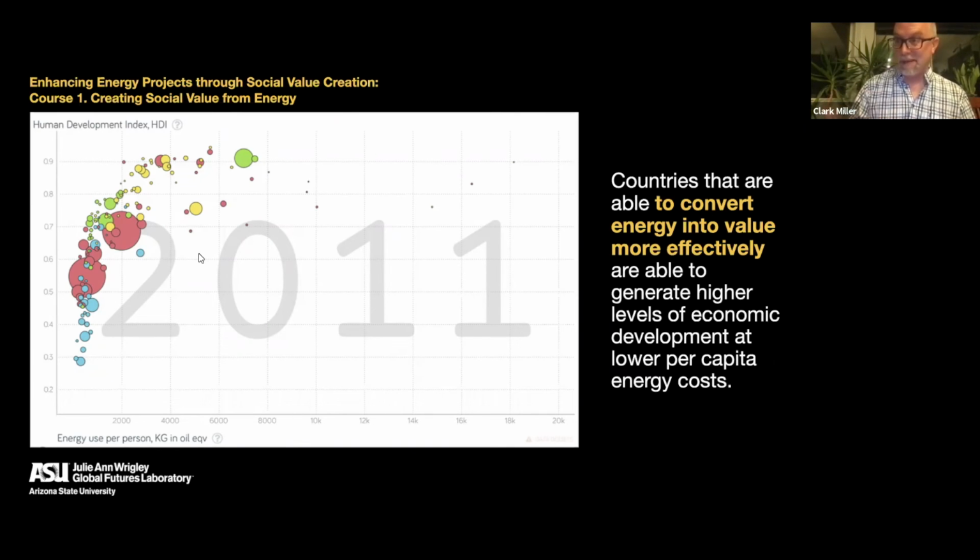And that is a measure of the social value of energy. How effective are they at converting the use of energy into beneficial value for the society that outweighs the cost of delivering that energy in the first instance?